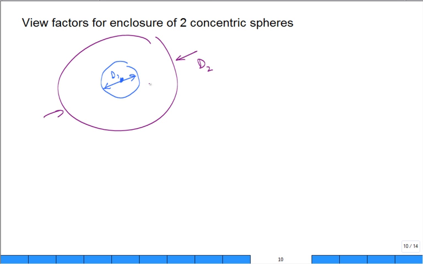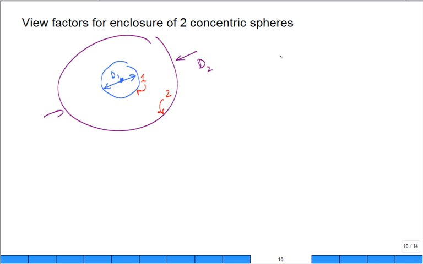And so we're interested in radiation exchange, or how surface 1, which is the outside of D1, and surface 2, the inside of the second sphere, see each other and how they might radiatively exchange energy back and forth.